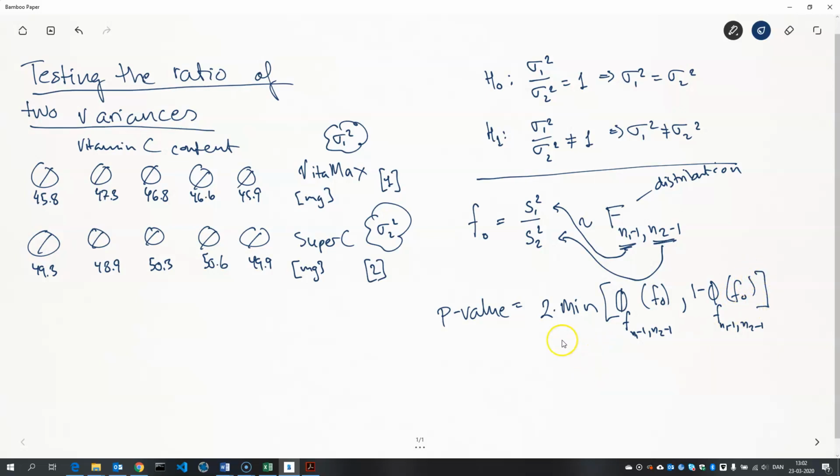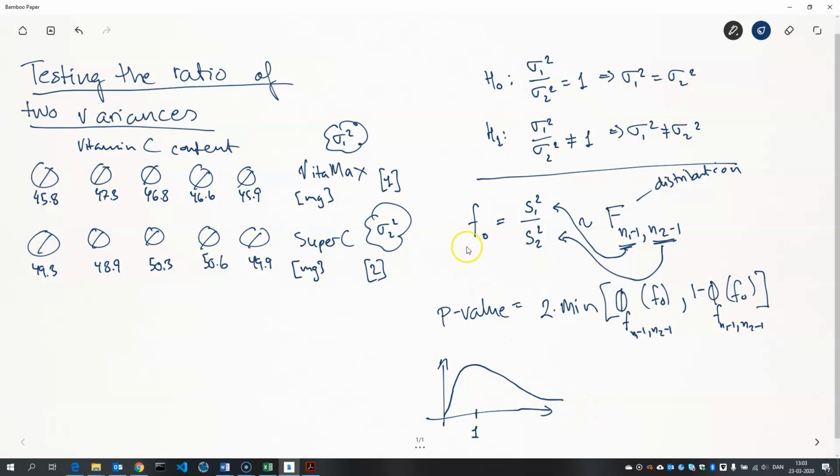So why do we compute the p-value in this way? That's because the F distribution, well, there are lots of F distributions, but all of them have in common that they look kind of this way. They have a maximum at 1. They start at 0 and go towards positive infinity.